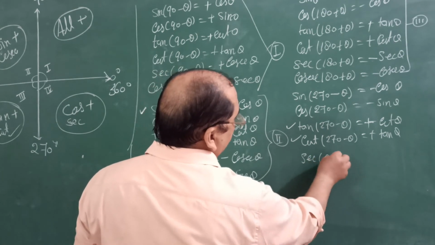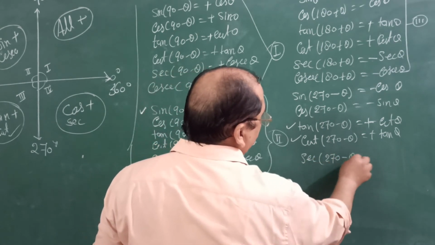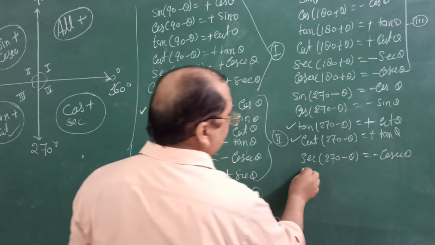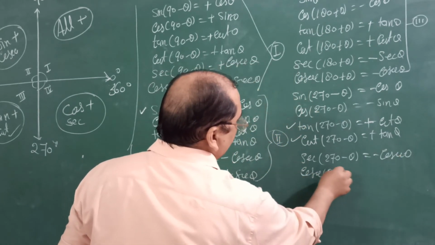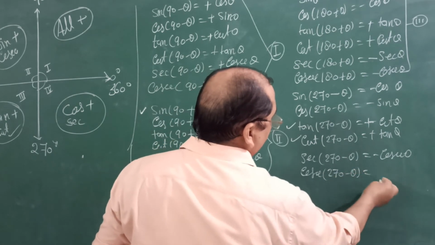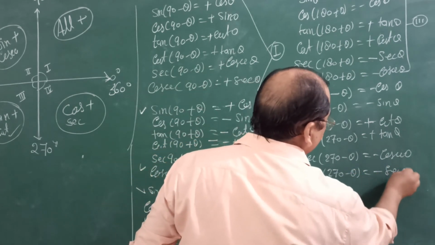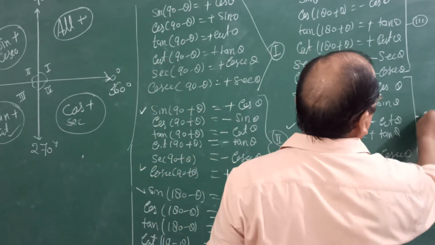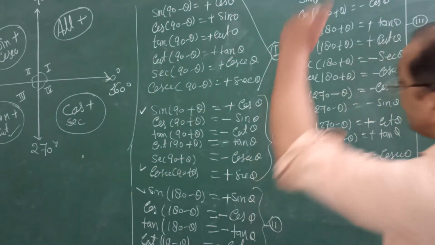Then sec 270 minus theta equal to minus cosec theta, and cosec 270 minus theta equal to minus sec theta. This is also coming in the third quadrant.